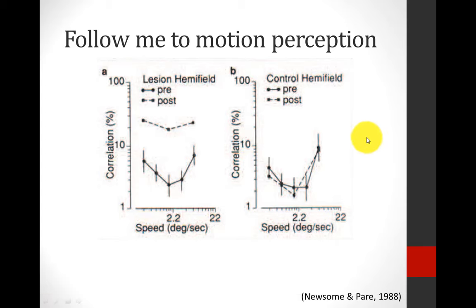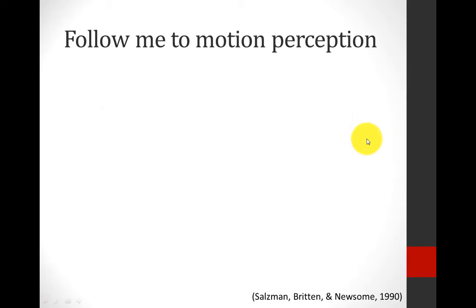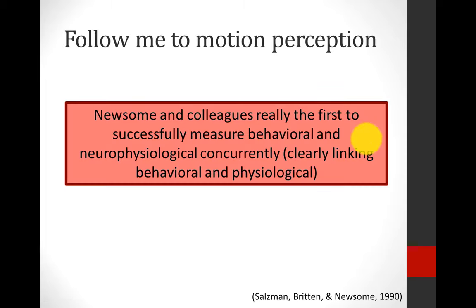Now, let me talk a little bit more about Newsom as they explored this more, and I want you to think about this. This is neat. Newsom and colleagues were really the first to successfully measure behavioral and neurophysiological responses concurrently.